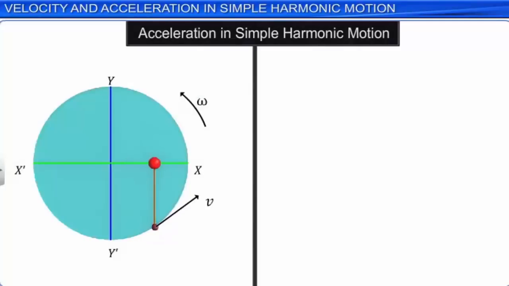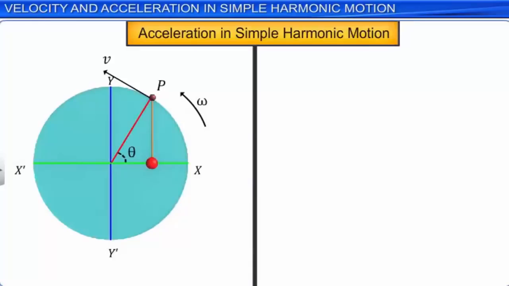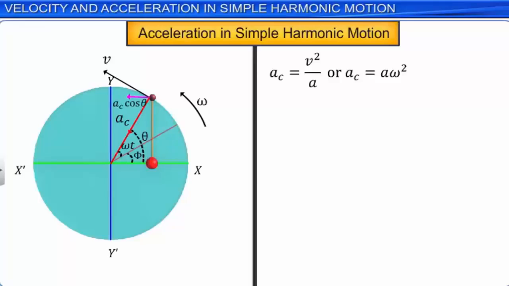Now, let us discuss acceleration in simple harmonic motion. Acceleration of the revolving particle will be the centripetal acceleration AC, denoted by v square by a, or a omega square. This centripetal acceleration has two components: AC cos theta along the x-axis and AC sin theta along the y-axis.